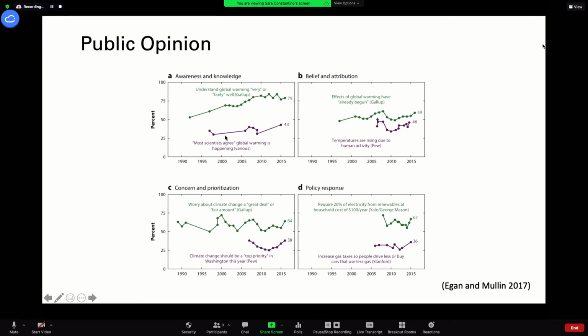But this doesn't necessarily translate into factual knowledge. A majority of scientists, I think around 97%, agree that climate change is happening. But you see a much lower estimated percentage when you ask people if they agree with the statement that most scientists agree global warming is happening.